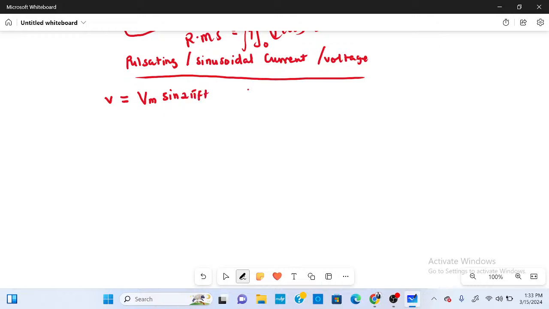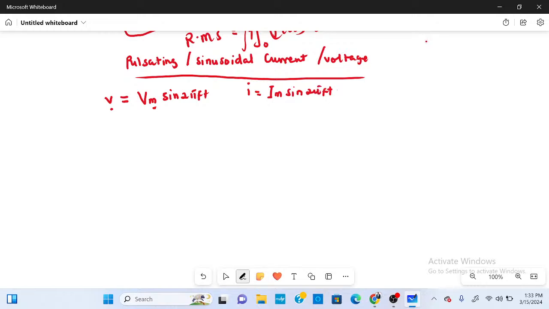Likewise, if you have a sinusoidal current, we normally represent our alternating or pulsating currents and voltages with small letters, right? While the peak values are capital. So capital I_M sine 2 pi f t, right?